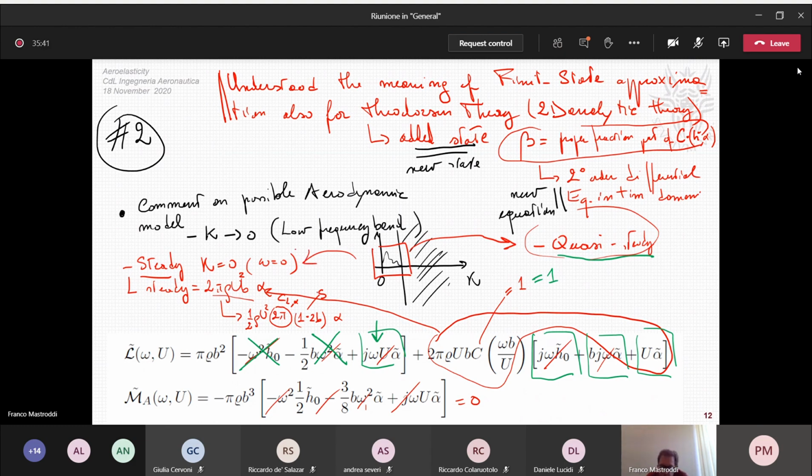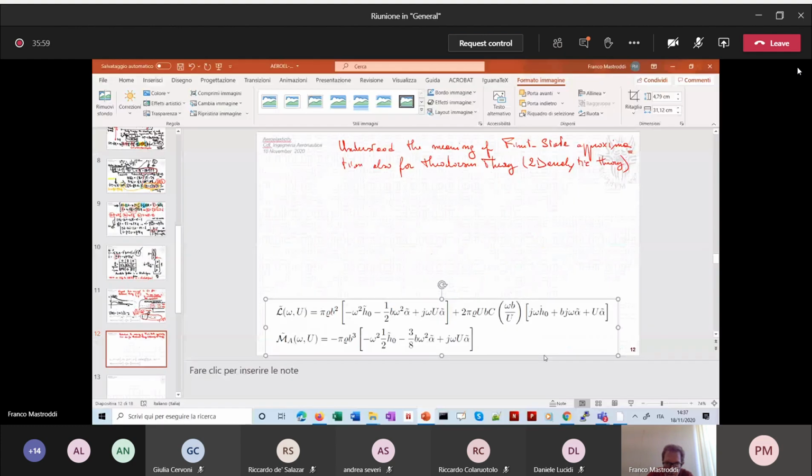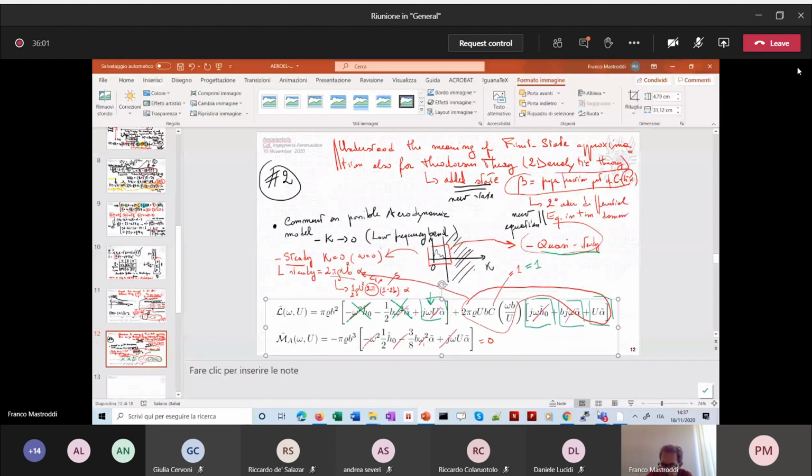Okay, so the message is that in the practical application you may also apply or use an intermediate model for the aerodynamic. And so this is the motivation of this request in the exercise.